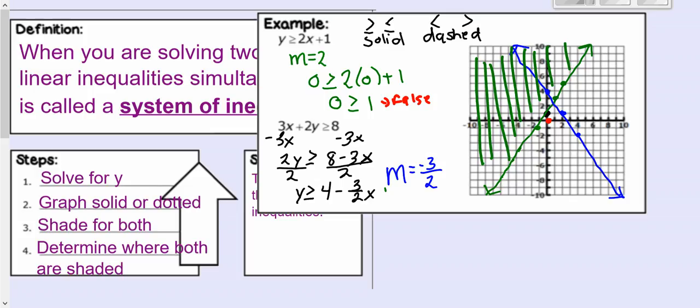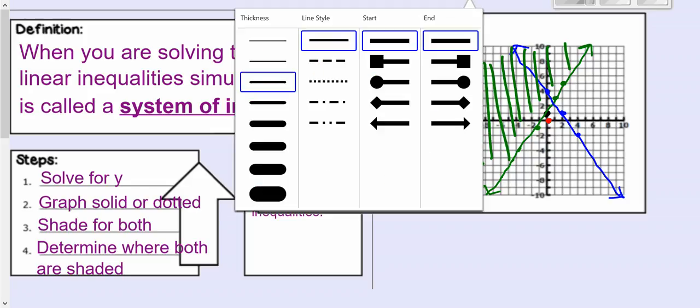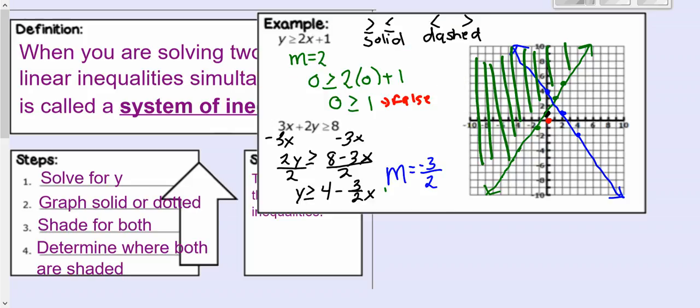Okay, so now looking at my blue line, I'm going to do the same thing. I'm going to plug in my 0, 0. So I'm doing 0 is greater than or equal to 4 minus 3/2 times 0. So I can see 0 is greater than or equal to 4. Okay, so this is also false. 0 is not greater than or equal to 4.